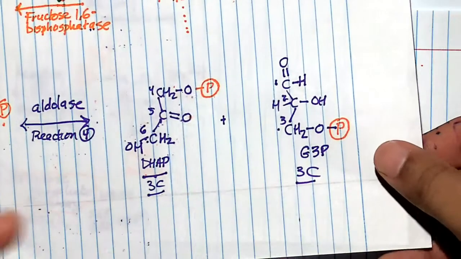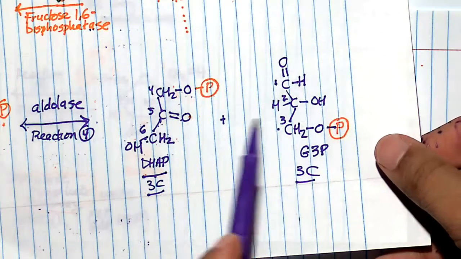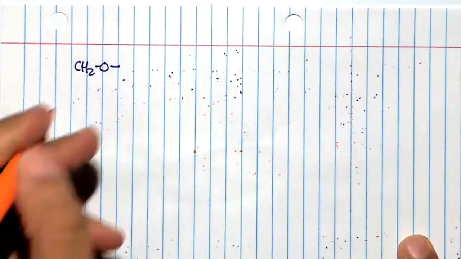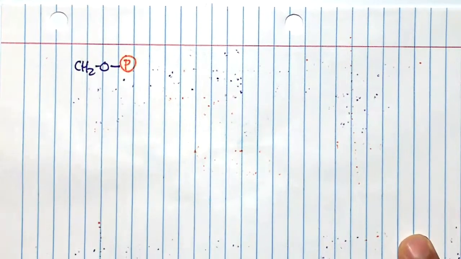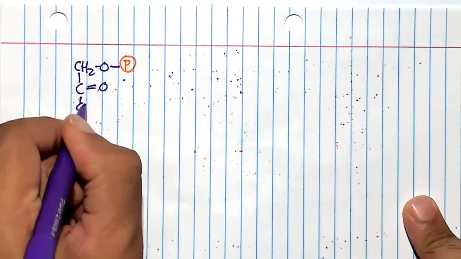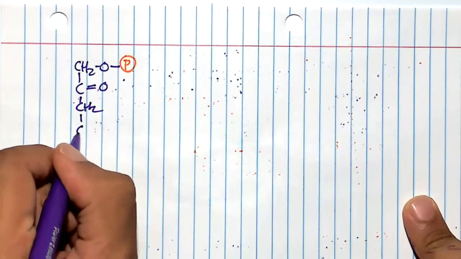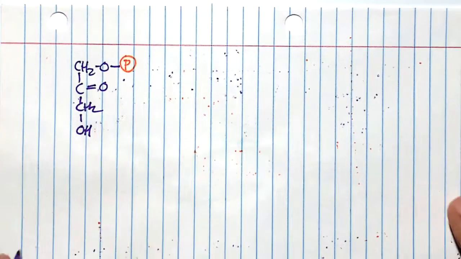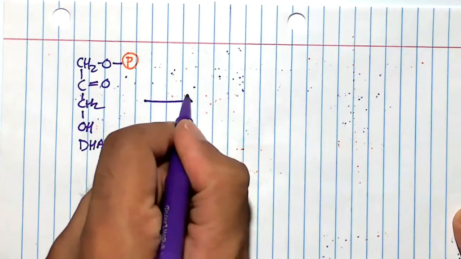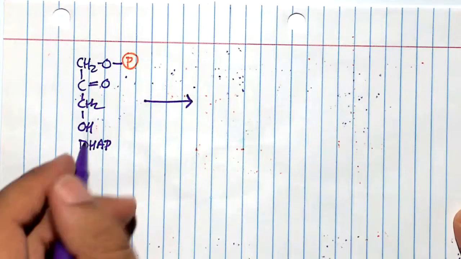So reaction 5 actually takes the substrates of these two reactions and interconverts them. So dihydroxyacetone phosphate, whose structure looks like this, will get converted to glyceraldehyde 3-phosphate.